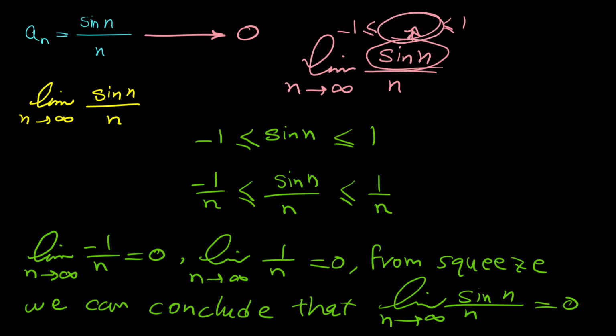If something is between -1 and 1 in the numerator, we don't know the value, but it's between -1 and 1, divided by infinity, it approaches what? It approaches 0, obviously. So you can find the limit. If you don't want to show your work and just want to know the value of the limit of the sequence, in this way you can easily find the limit of the sequence.